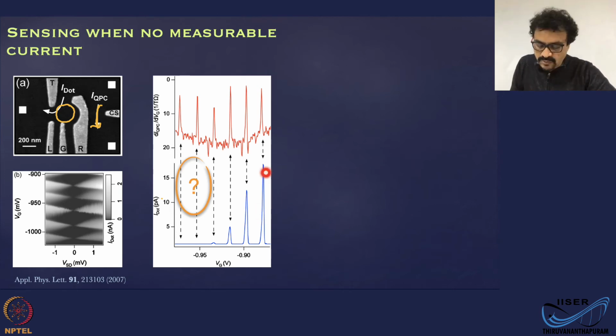The blue traces are the Coulomb blockade oscillations, and the red traces are the conductance through the quantum point contact channel, the conductance stage.